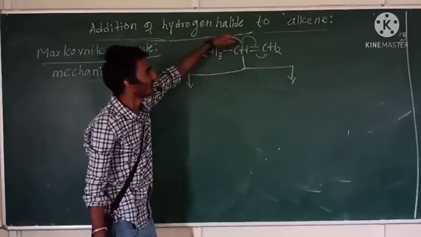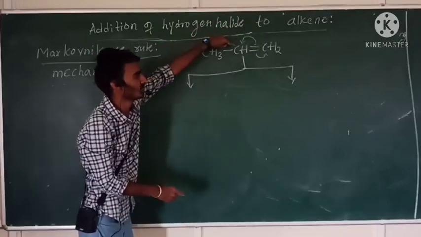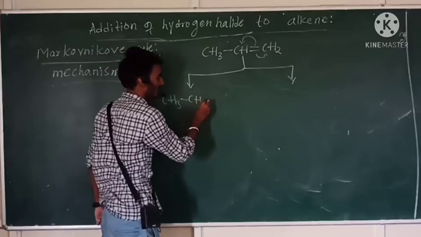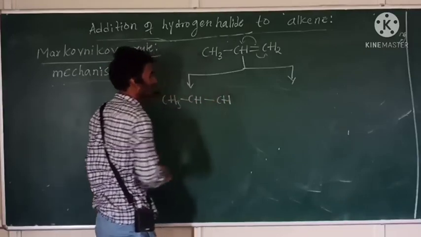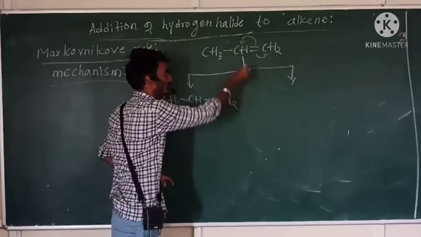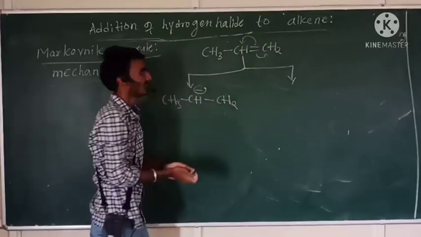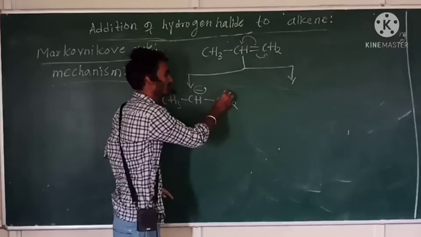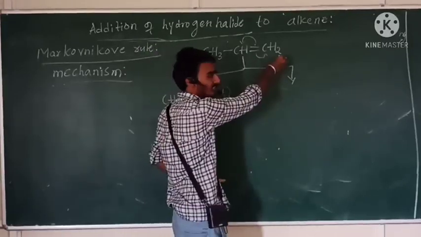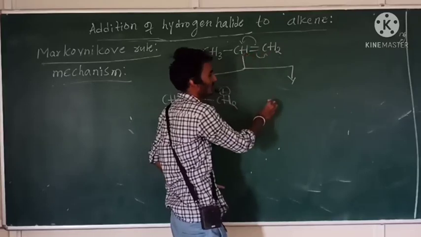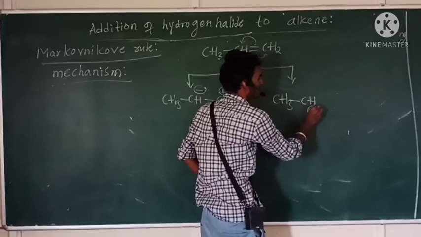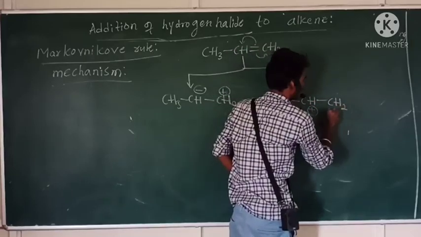So the double bond is shifted to this side; this side forms the negative charge and this side forms the positive charge. Next, the double bond is shifted to the other side; this side forms the negative charge and this side the positive charge. That is CH3 CH positive charge, CH2 negative charge.